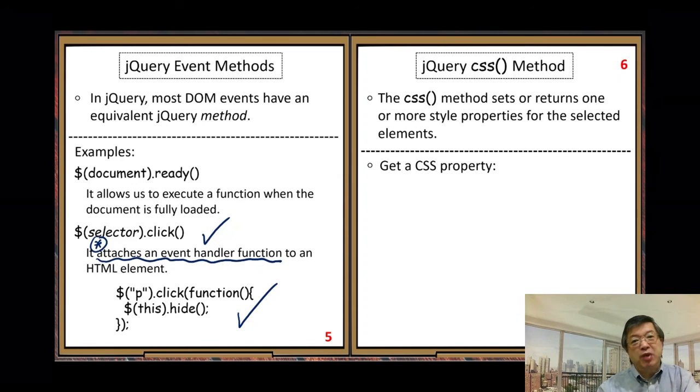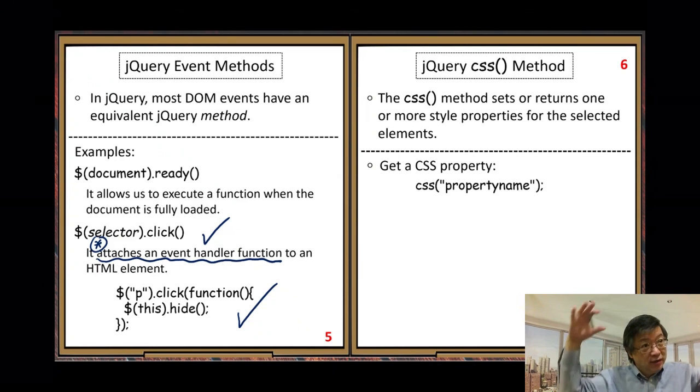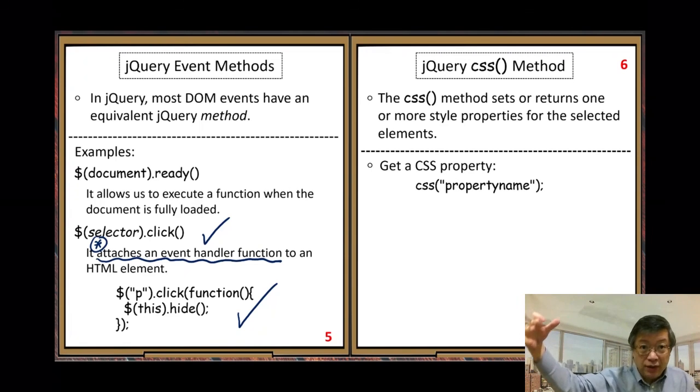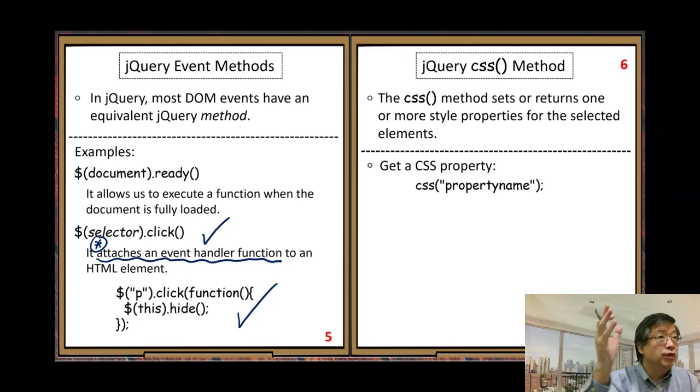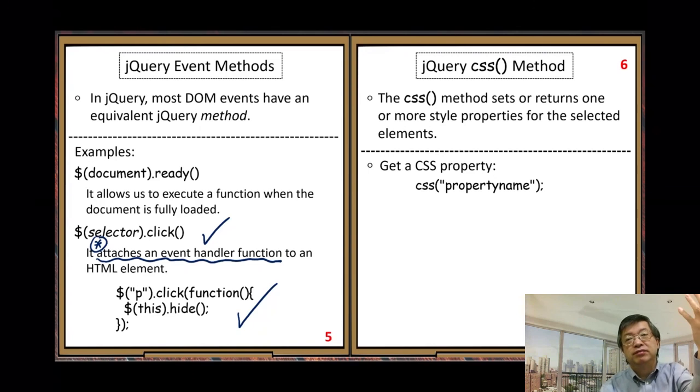Get a CSS property. Pretty straightforward. CSS parentheses, double quotes, you just put the property name there. This method returns the property value. After you get the property value, you can do data processing.